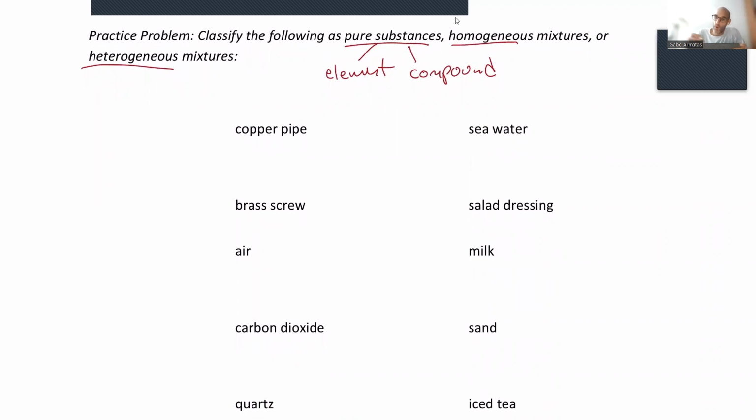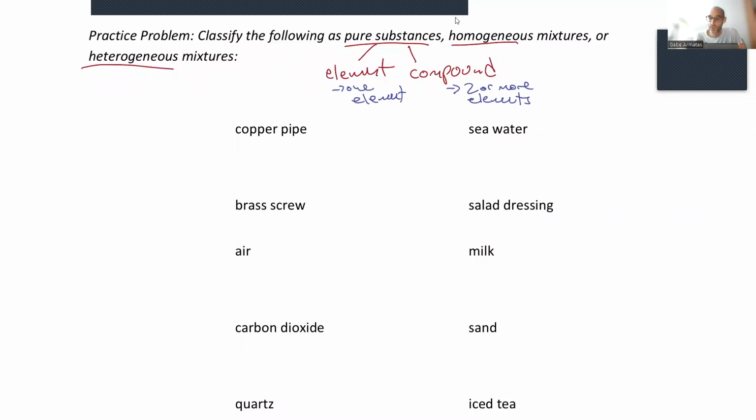An element is only one element. A compound is two or more elements present, and they have to be at a fixed ratio.